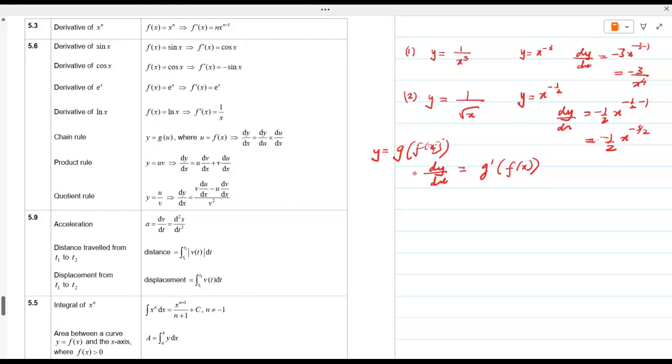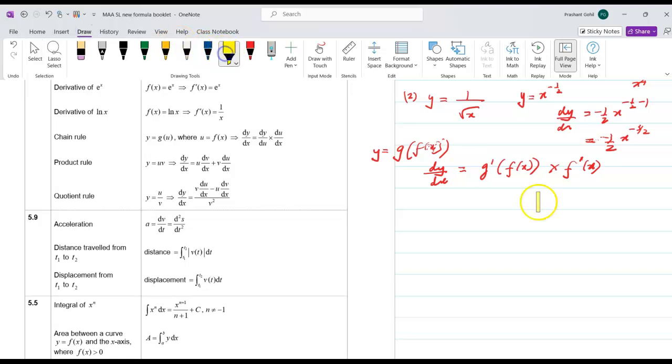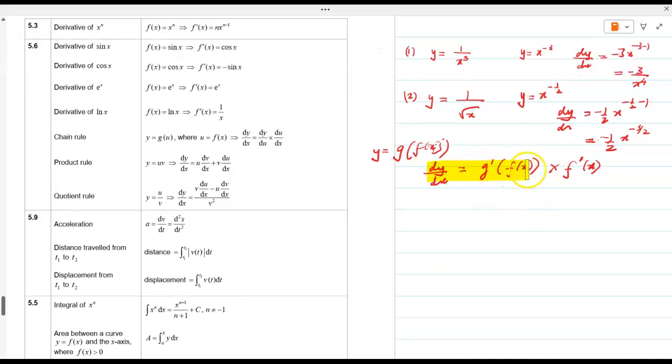Take the derivative of the outer function, multiply by the derivative of the inner function. The formula booklet has given it like this, but for all practical purposes, if you remember it like this, it will always be better. Sometimes they give you a table to work with, and at that time this will be useful.